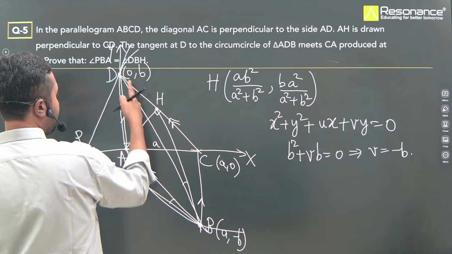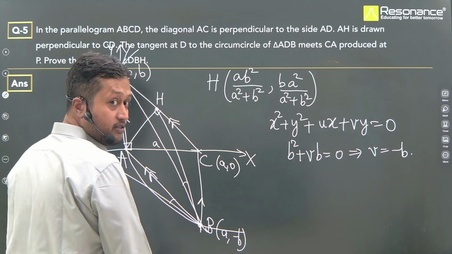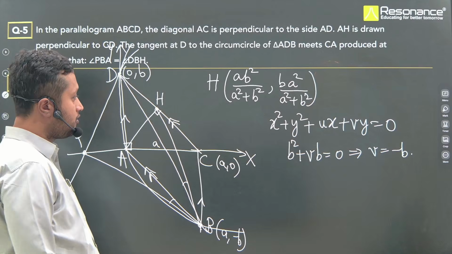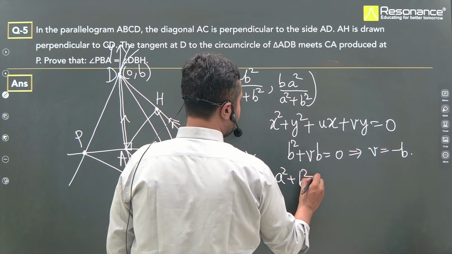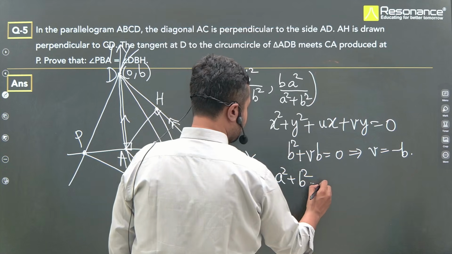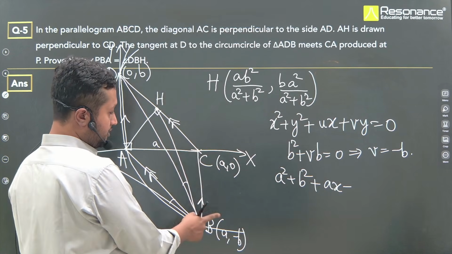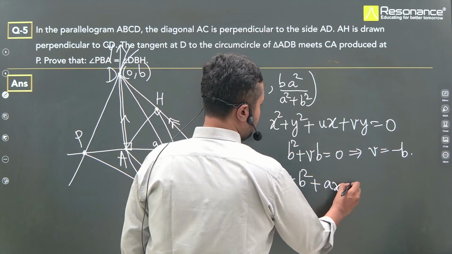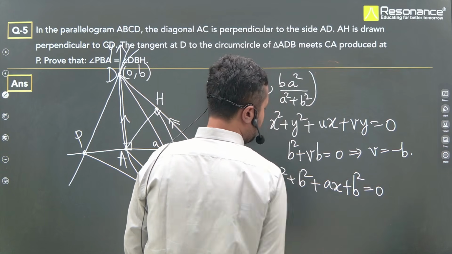The other piece of information that we have is that the circle passes through the point B, which is A comma minus B. So let's plug that over there, and you get A square plus B square. Then you have plus AU minus V times B, right? But V itself is minus B, so that's plus B square is equal to 0.